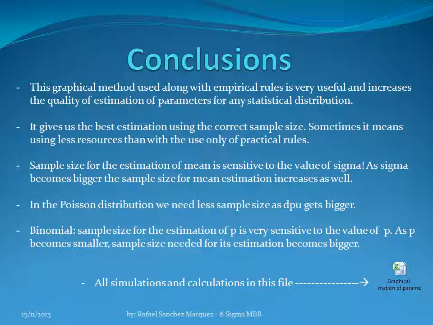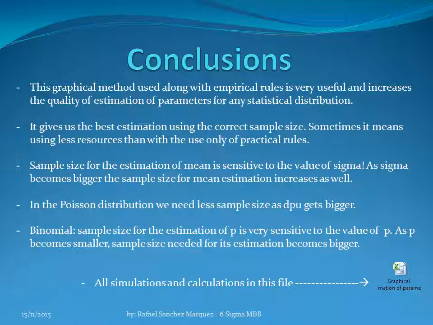In the Poisson distribution, we would need a smaller sample size as DPU gets bigger. But I have to say in this case that, as we have already shown, the Poisson distribution is less sensitive than the rest. The sensitiveness I'm talking about is the sample size, of course.